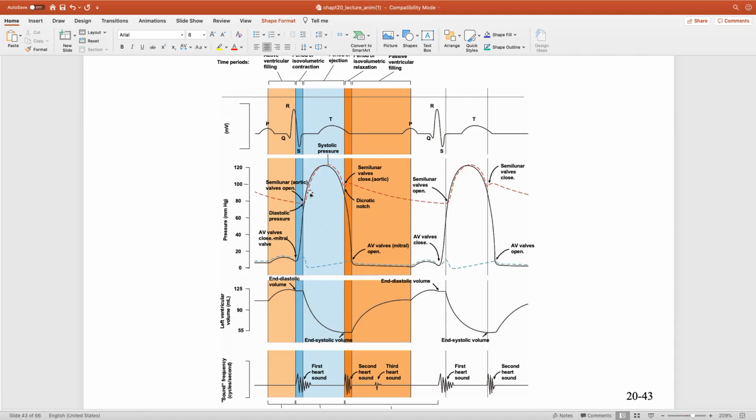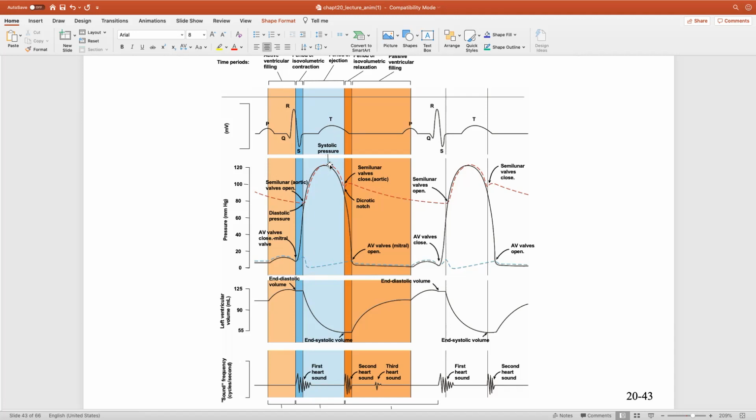Now, what happens as we have this period of ejection? During the period of ejection, blood from the lungs starts to come back into the left atrium. Also, we start seeing the T wave. The T wave is a sign of ventricular diastole, ventricular relaxation. And what do we see?